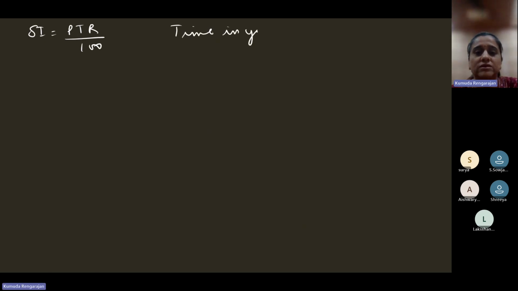So this is the formula to find the simple interest: simple interest is equal to PTR by 100. Time should be in years, so you should divide by 52, 12 or 365 as the case may be, for weeks, months or days, to convert it to years.